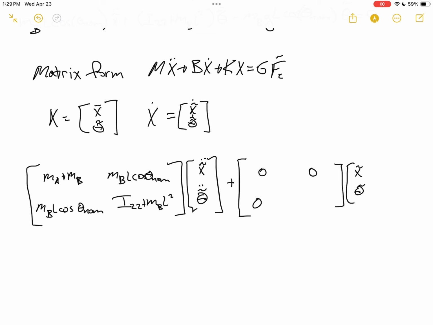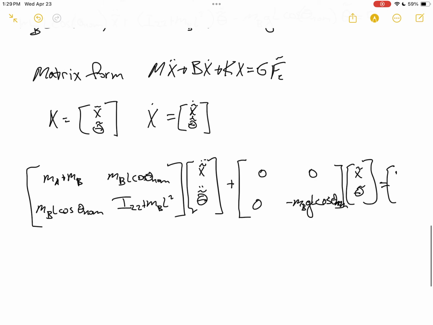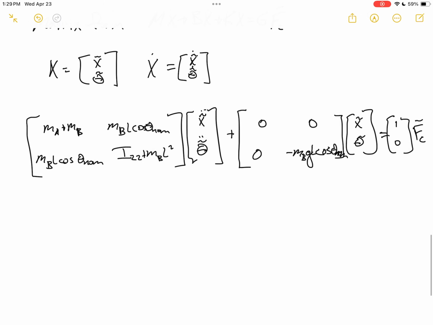The second equation has nothing on x tilde and just a minus m_b g l cosine of theta nominal. And that equals the matrix 1, 0 times f_c tilde, where f_c tilde is our input force. And f_c tilde only shows up in the first equation and not the second equation.